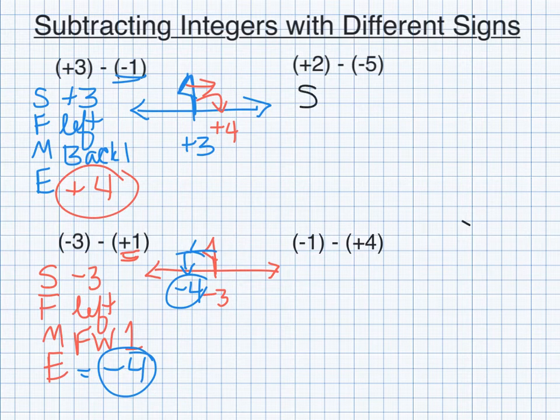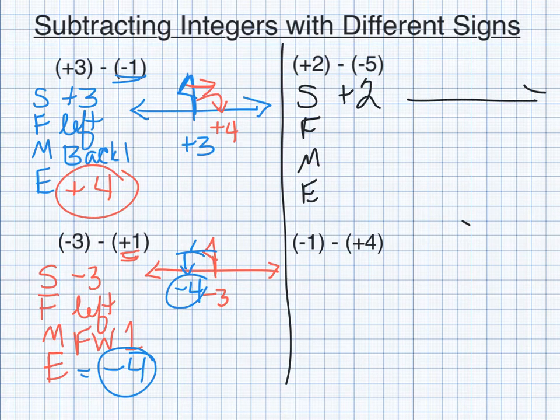Every single time I'm going to start, face, move, end. Start reading from left to right. I'm going to start at positive 2. Here's my number line with positive 2 in the center. I'm going to face left because I'm subtracting.